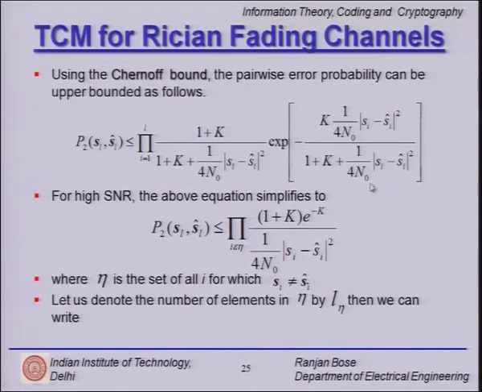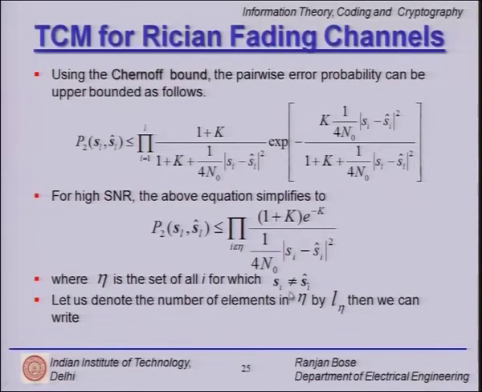So, this expression is large, and you can neglect this. So, in the denominator you are left with this. So, you can write out P2(S_L, S_L hat) as a product, where here this eta is the set of all i for which S_i is not equal to S_i hat.